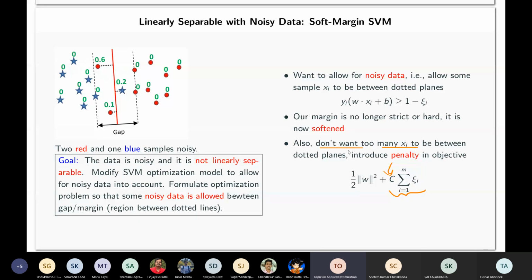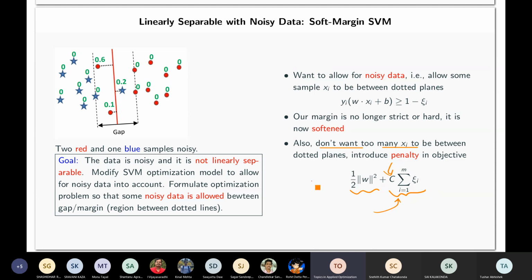Okay, so what will the optimizer do in this case? The optimizer, as I said, depending on your value of C, will see. The optimizer has two things in mind. It has to minimize this term and this term. But the moment you put C to be very large, the optimizer's focus will go more and more on this term. Okay, so if C is like a million or whatever very large value, relative to this, obviously.